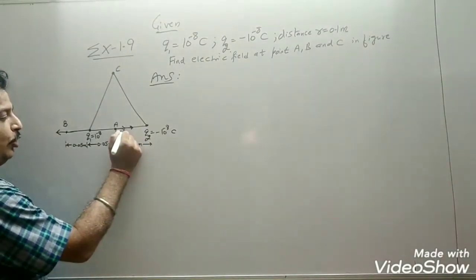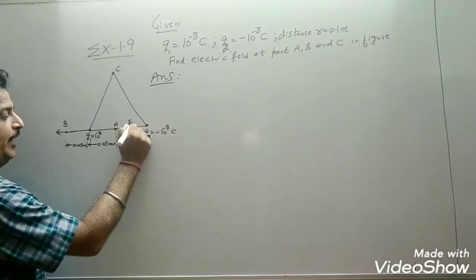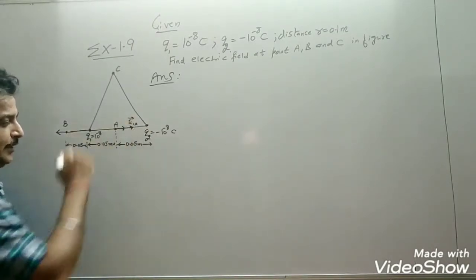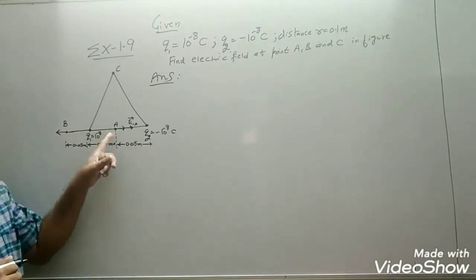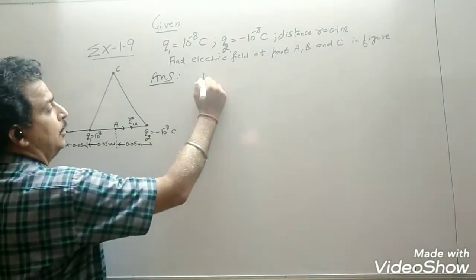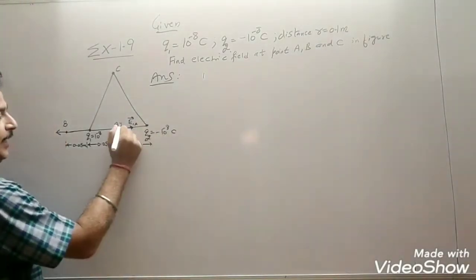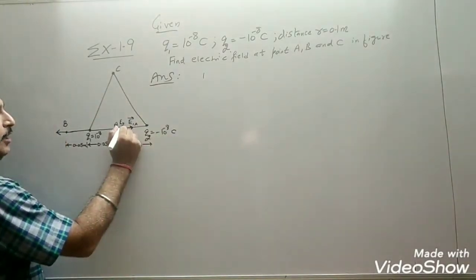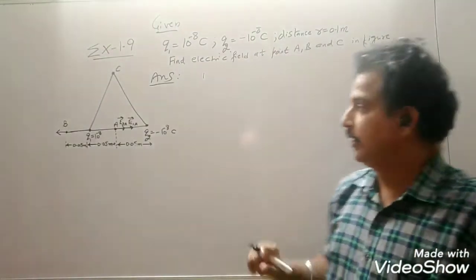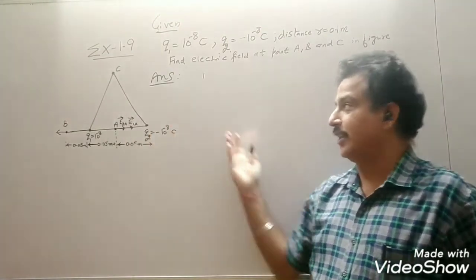So the direction of both electric field intensities is the same. Let us name the electric field intensity at point A due to Q1 as E1A and E2A. The direction of both is towards the right.